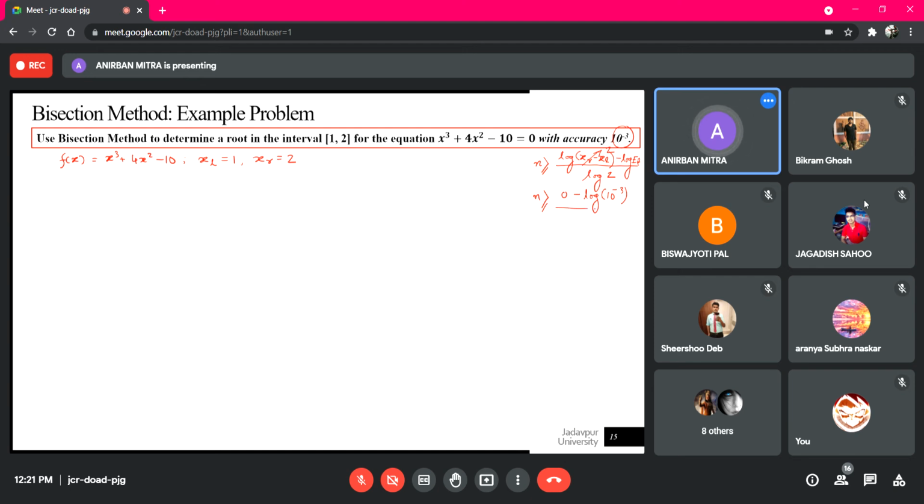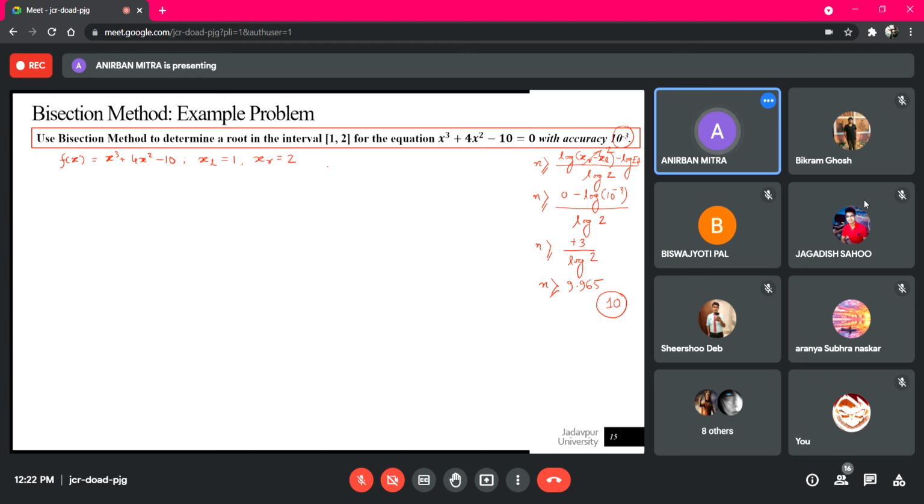That makes it minus 3, and there is a minus over here, so that gives us plus 3. So plus 3 divided by log of 2. So n becomes greater than or equal to, if I solve this, I've already got the value calculated, 9.965. So obviously the number of iterations is going to be an integer value, so the next highest integer is going to be the required number of iterations. So here 10 is the required number of iterations. Okay, so we have to carry out 10 iterations of this.